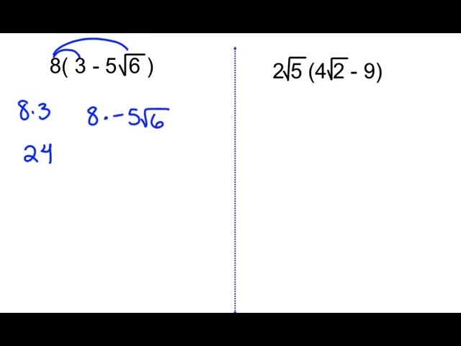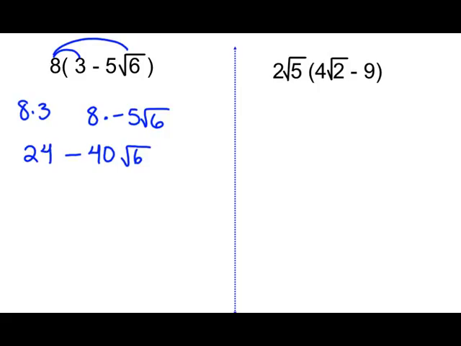We can multiply integers together and then multiply radicals. Or I sometimes say outsides times outsides, insides times insides, or you could say whole times whole, part times part. So my whole numbers are 8 times negative 5, which is negative 40. And then I have a square root of 6 that tags along. Square root of 6 doesn't simplify, so that is my answer.